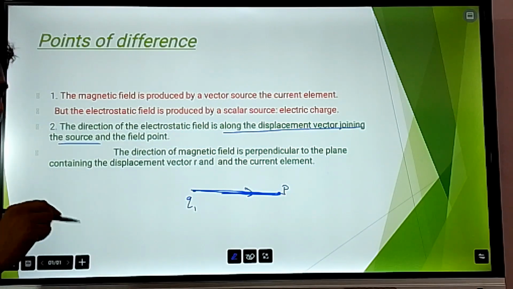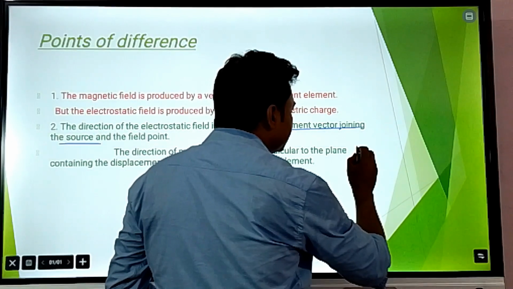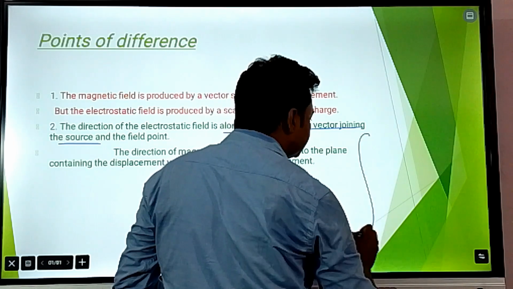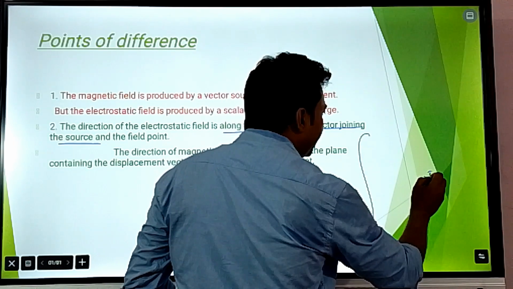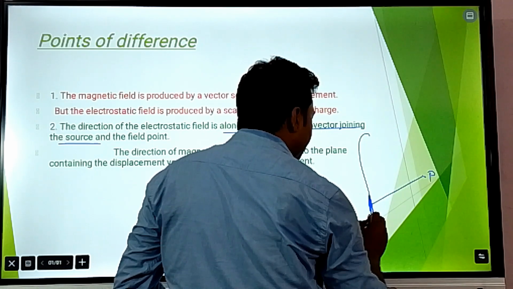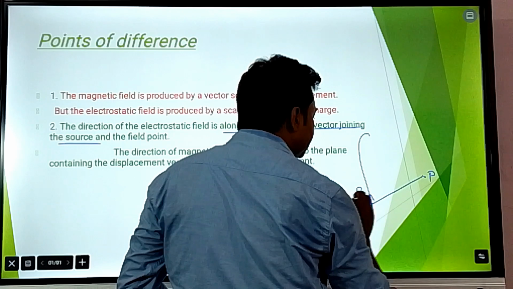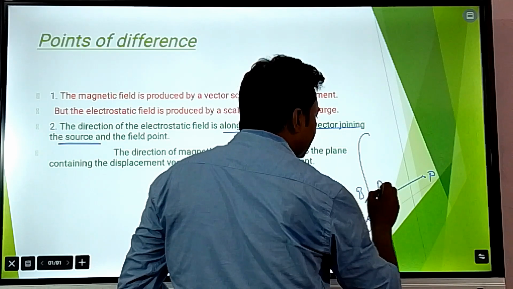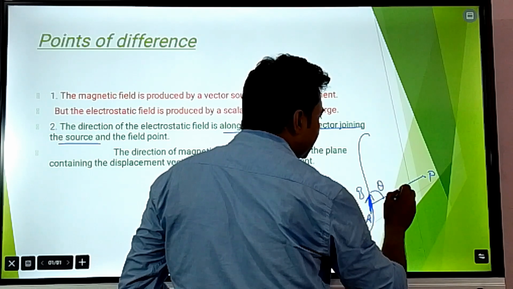But in the case of the magnetic field, we have seen in the Biot-Savart law, if this is our point P and this is our current element AB with its direction like this, and this is our angle theta, and this is r.